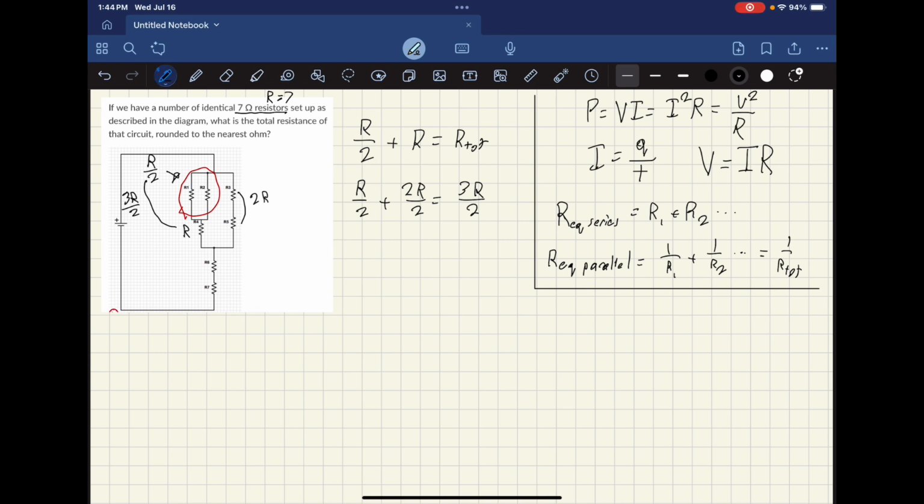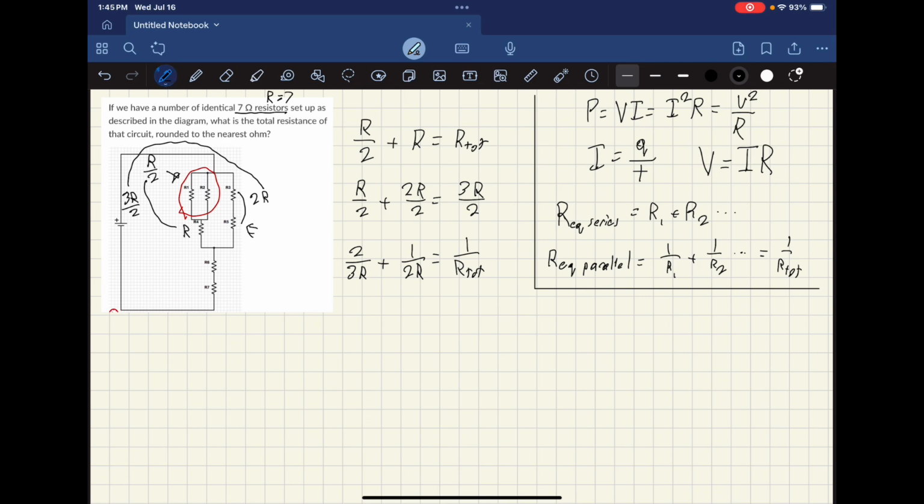So now we have 3R over 2 and 2R that are connected in parallel with each other. So we invert both of them. Inverting 3R over 2 would give us 2 over 3R. Inverting 2R would give us 1 over 2R. And then this is going to be 1 over R total for this whole big loop here, because there aren't any more resistors left.